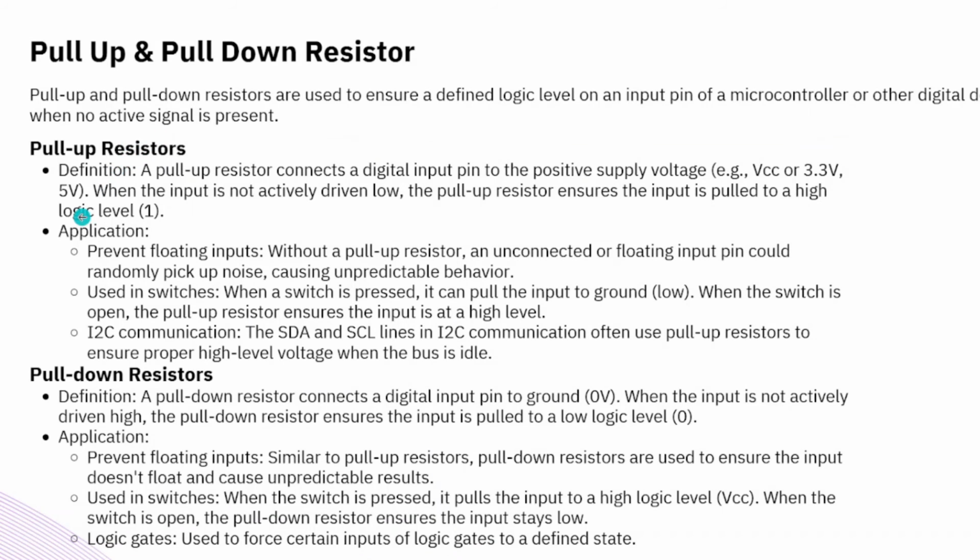As a definition, a pull up resistor connects a digital input pin to the positive supply, and this can be 3.3 volt or 5 volt. When the input is not actively driven low, the pull up resistor ensures the input is pulled to a high logic level 1. So the application is basically to prevent floating inputs.